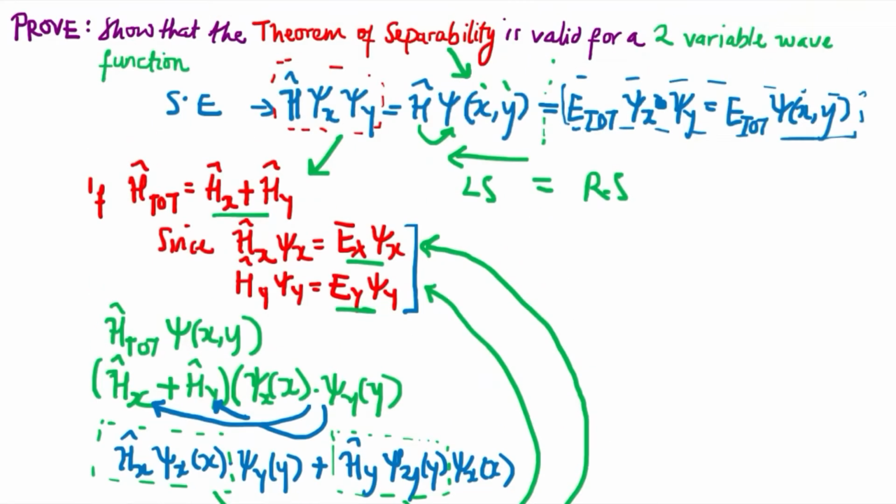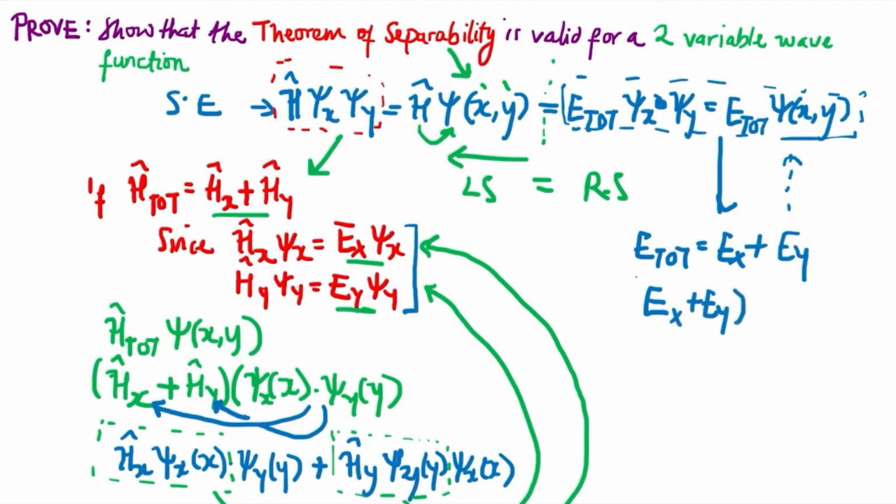So looking at the right side, what we notice is that if the energy total is equal to the energy total on the x coordinate plus our y coordinate, what that results in is that I can substitute this in here to this particular equation, and E total now becomes EX plus EY applied to our wave function on the x multiplied by the wave function on the y coordinates.